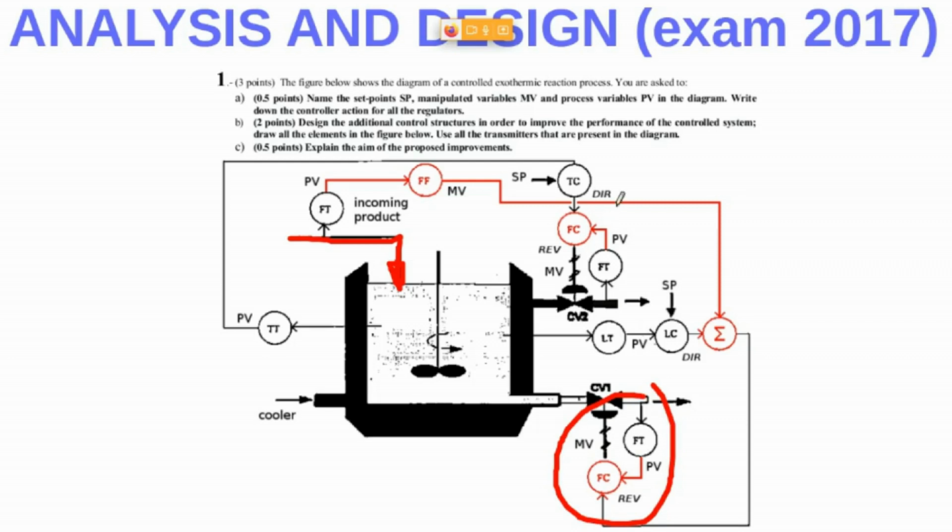Well, the remaining thing to do is to configure the controllers with a direct or reverse action. Here, this flow controller is a reverse action. If you open the valve, the flow will increase. The same goes for this flow controller, reverse action, because we have a positive relationship.